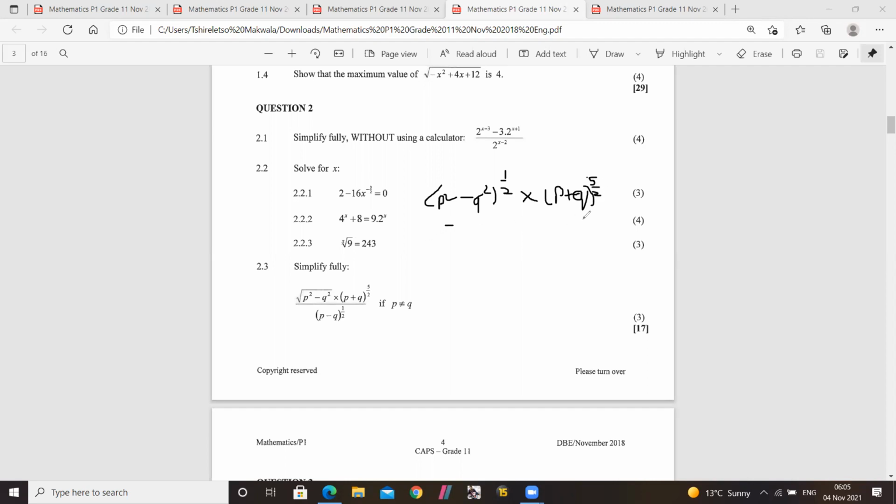Then this one in the denominator will remain the same.